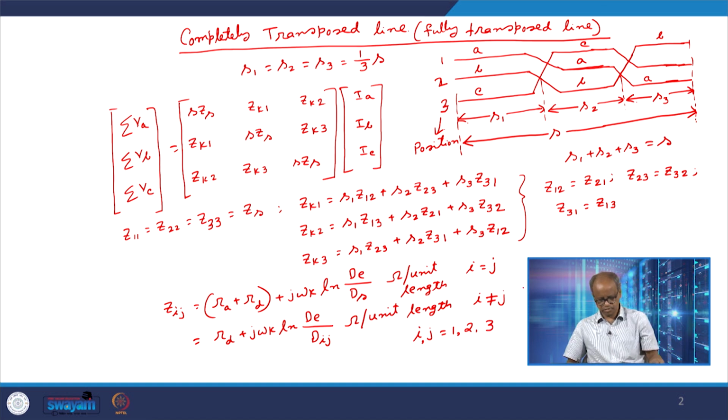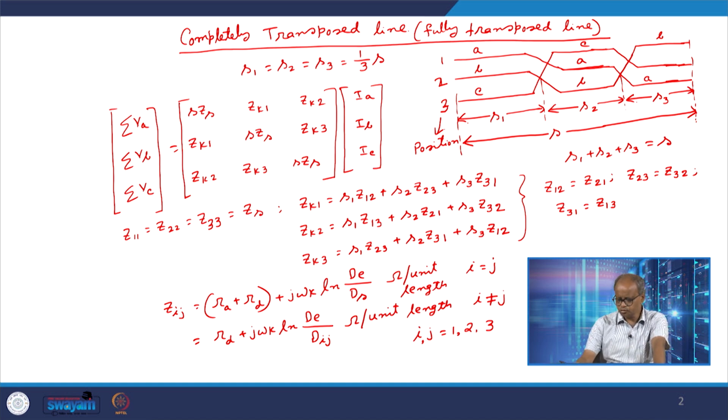So these are the definitions. So with this we can calculate everything. Now let us see what happens when S1 is equal to S2 is equal to S3 is equal to S by 3. So now when that happens, what happens to Zk1?